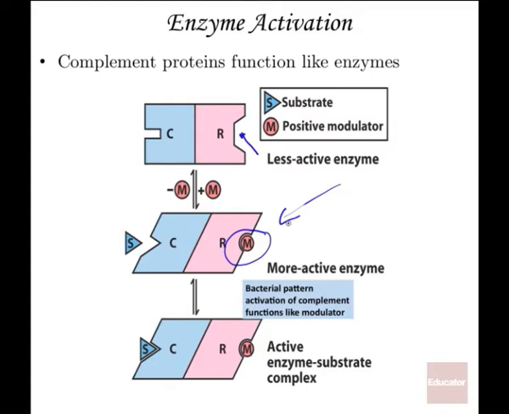So the complement is very much like that. In the presence of certain bacterial patterns and cells in the immune system, the complement will get activated immediately, and then it will set off a whole chain of reactions that alert and cause other cells to come on the scene and begin the whole inflammatory response that occurs in the immune system.